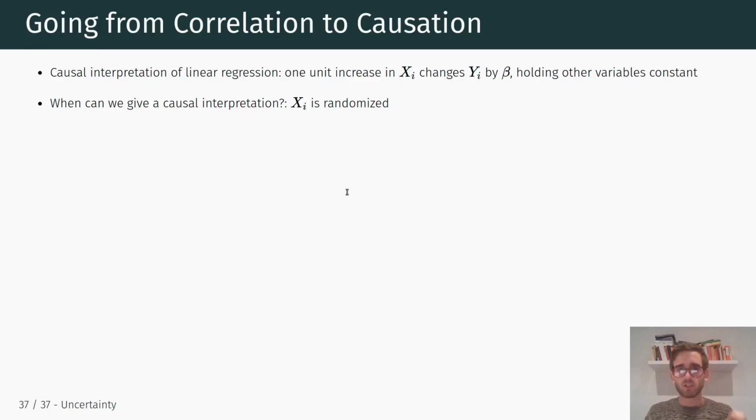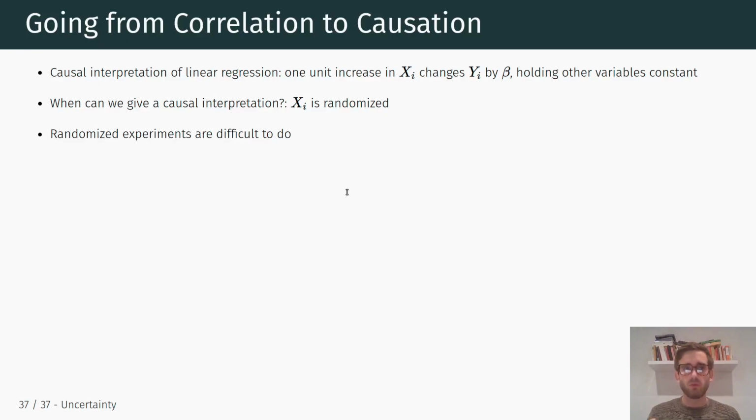If we have a truly randomized treatment assignment, for example, then we can make this causal interpretation. As soon as we don't have a truly randomized assignment for xi, then we can't directly make this causal interpretation. Okay.